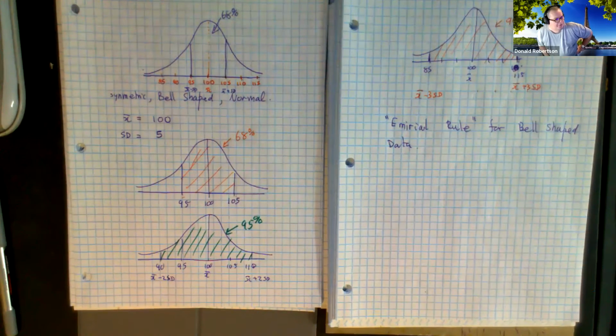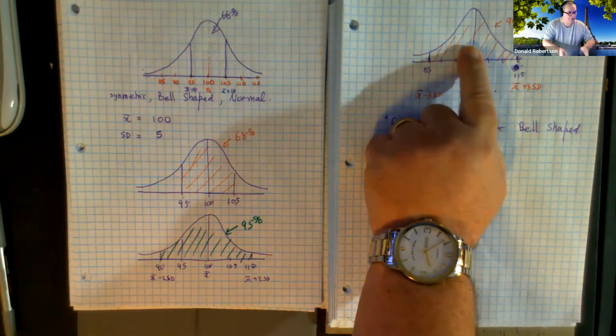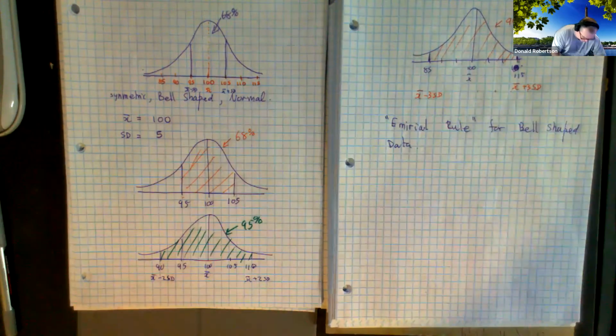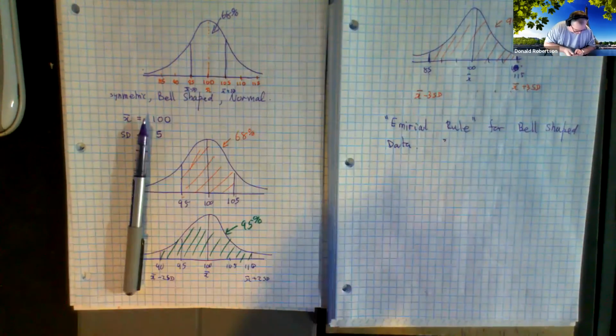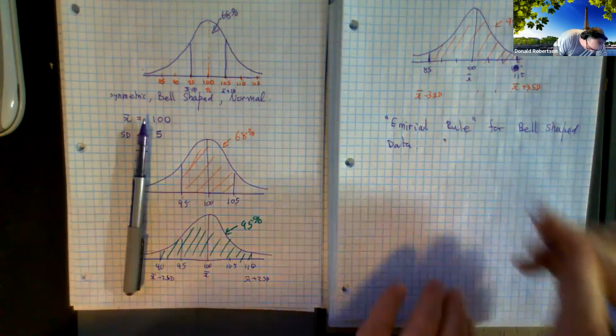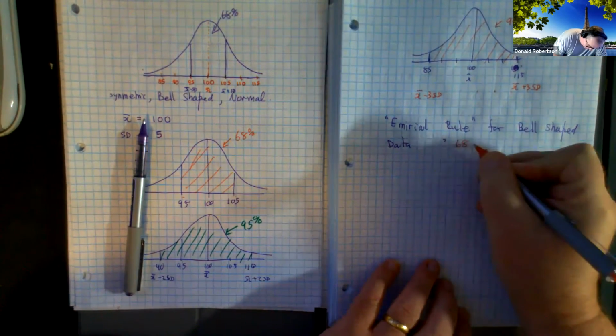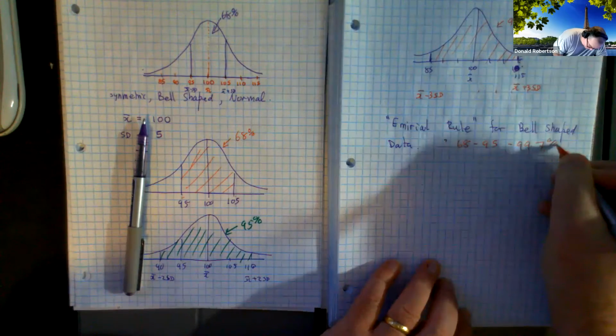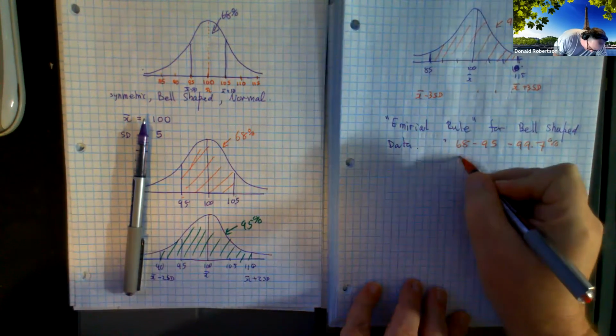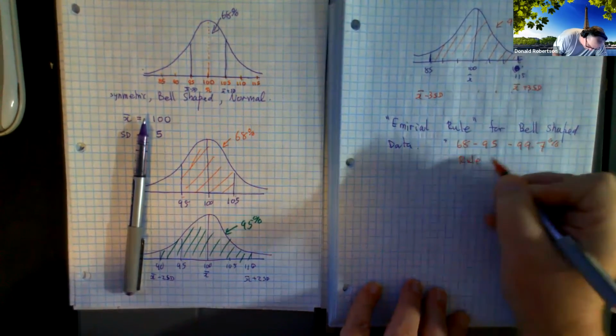I mean, if you think about it, that's quite amazing that as long as your data has roughly this shape, at 1, 2, and 3 standard deviations, you get 68, 95, or 99.7%.